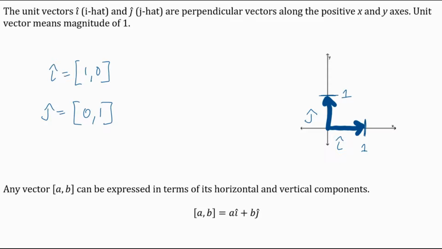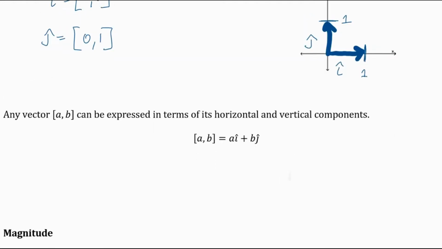Out of context, you have to remember it always seems strange and it doesn't seem to be meaningful, but this turns out to be an important way of expressing vectors when you start to get into linear algebra and doing some of the computations in a different way that we're not going to see a lot, but we'll start to practice and get used to a little bit just so we're prepared when you move forward with this. Okay? So that means any vector can be expressed in terms of its horizontal and vertical components.